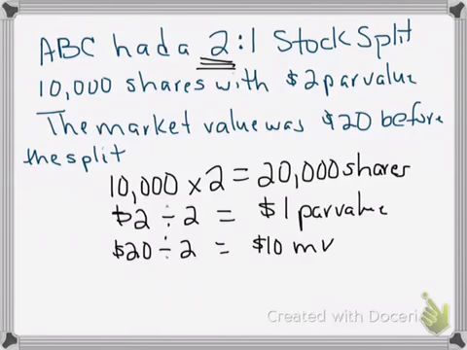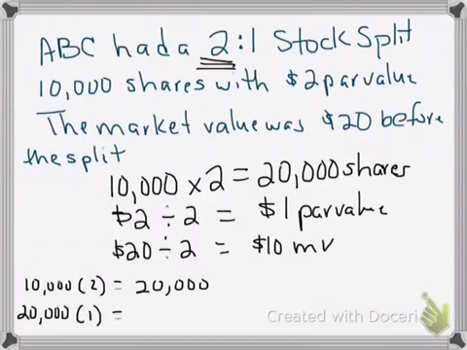Now what you'll notice with this is we started out with 10,000 shares at a $2 par value. Well, that's $20,000. When we ended, we had 20,000 shares at the $1 par value. So it's still at that constant price of that $20,000. So the overall amount doesn't change. It's just how we are valuing those amounts that actually changes.